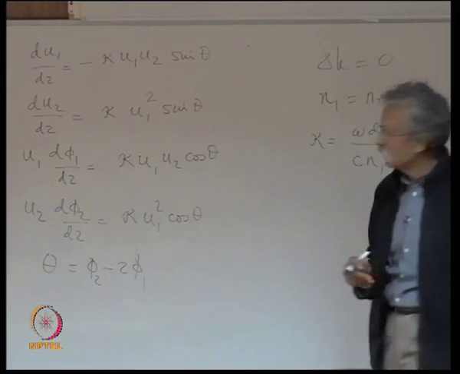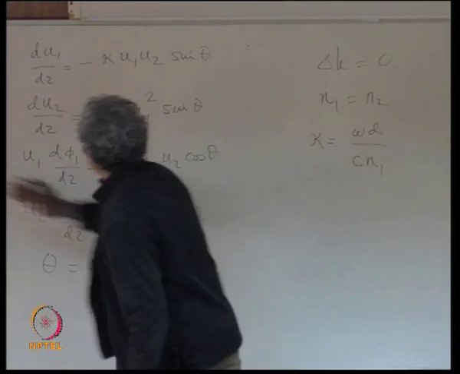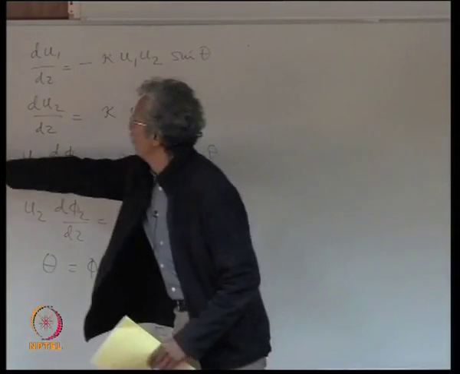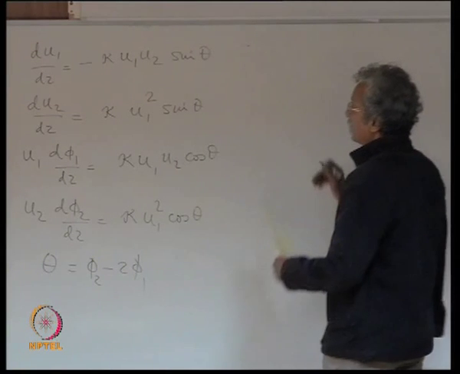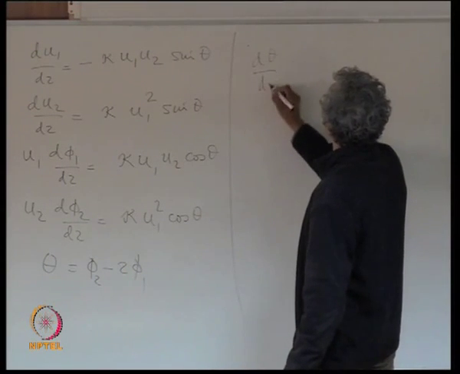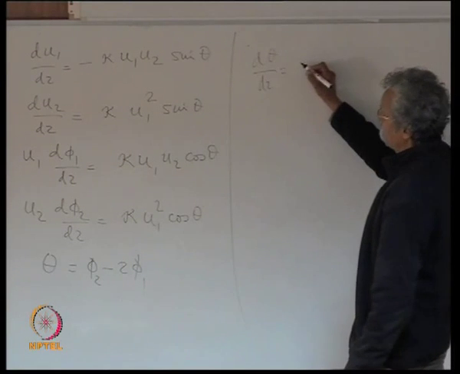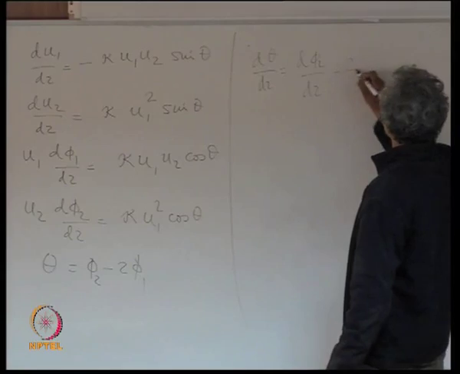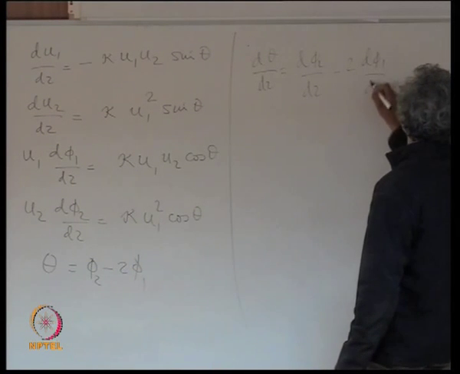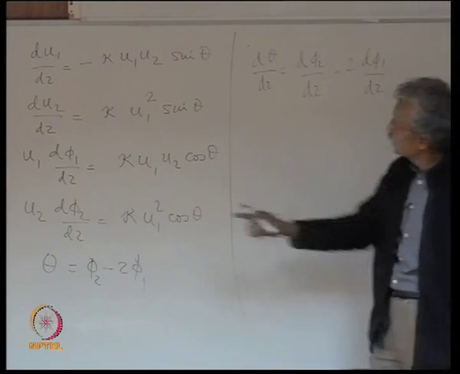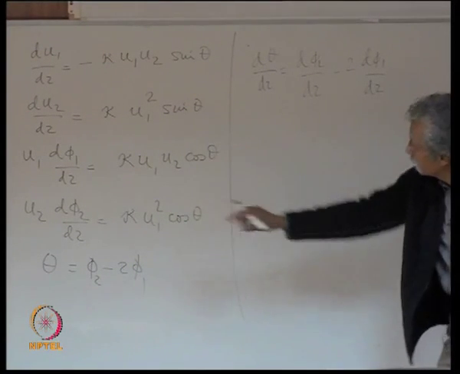Now, I can actually solve these equations by the following procedure. Let me calculate d theta by dz. This will be equal to d phi 2 by dz minus 2 d phi 1 by dz, since theta is phi 2 minus 2 phi 1. So I substitute for d phi 2 by dz and d phi 1 by dz from here.